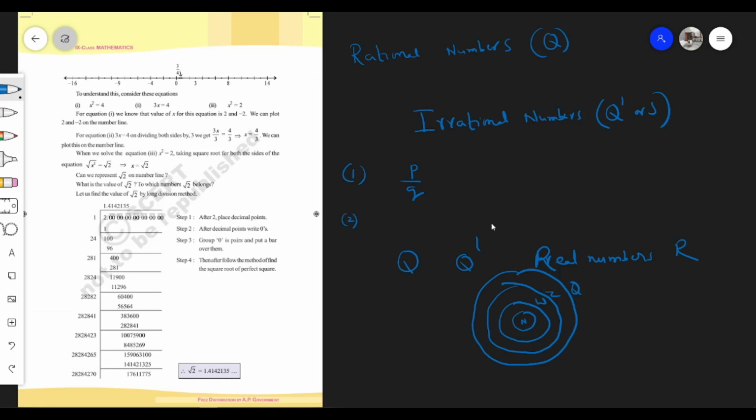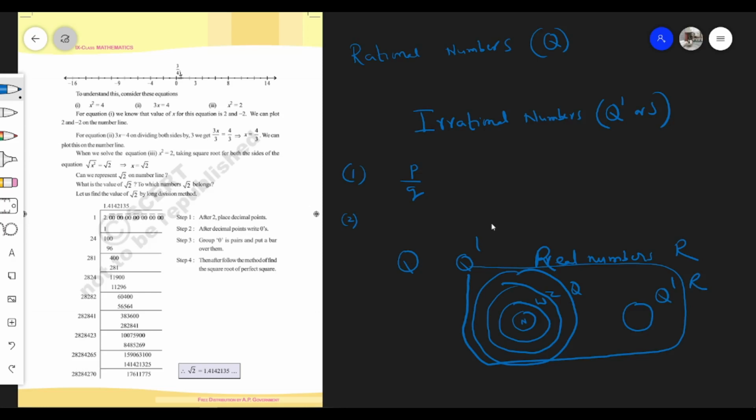It has natural numbers, whole numbers, integers. You can understand this picture. And this Q dash is distinct, different from this. And the combination of these rational numbers and irrational numbers together is called real numbers. That's what our chapter is. So keep all these things in your mind.